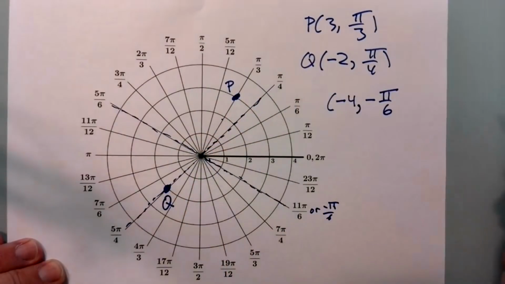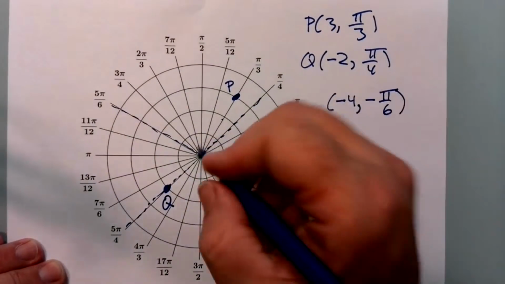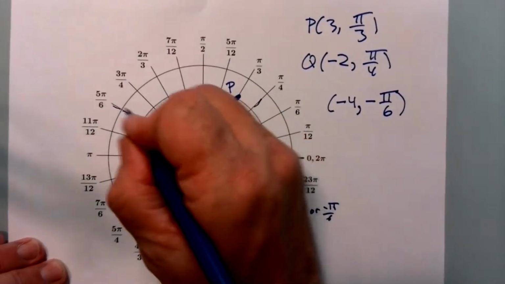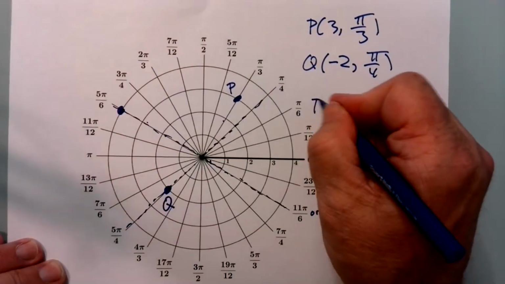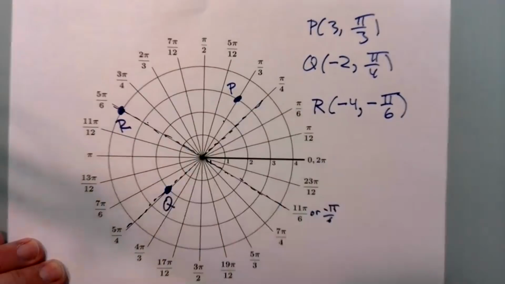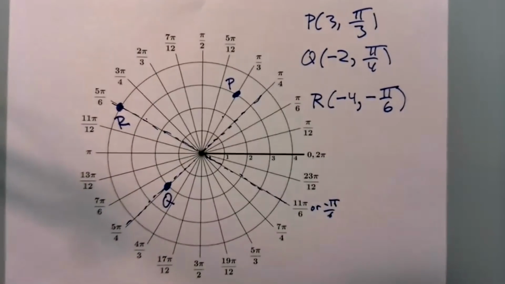Hard to see this a little bit. So negative 4, negative pi over 6 going back the other way: 1, 2, 3, 4 would be here, and we'll call that point R. So you need to make sure that you can graph those things. What I want to finish off with is our cis theta stuff.